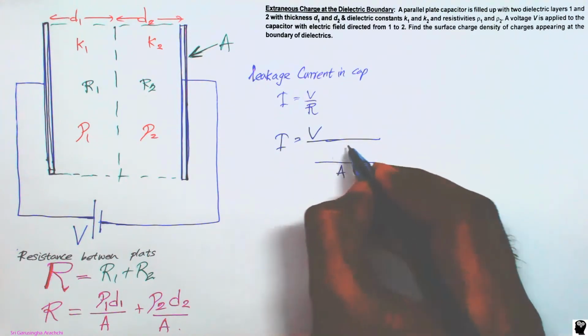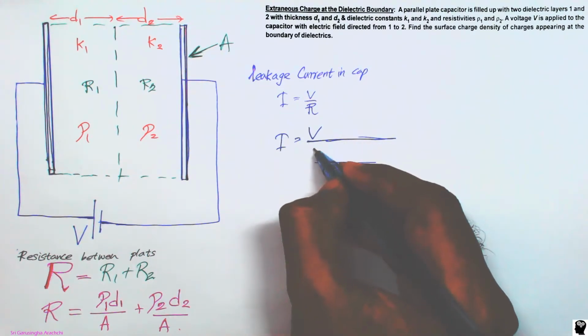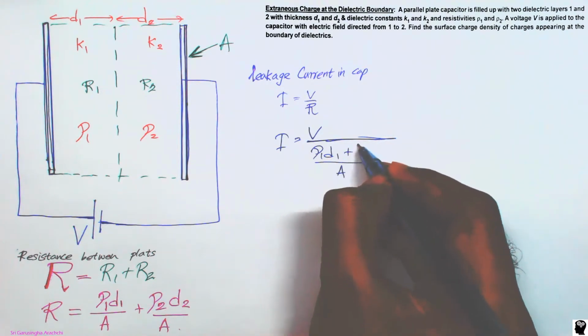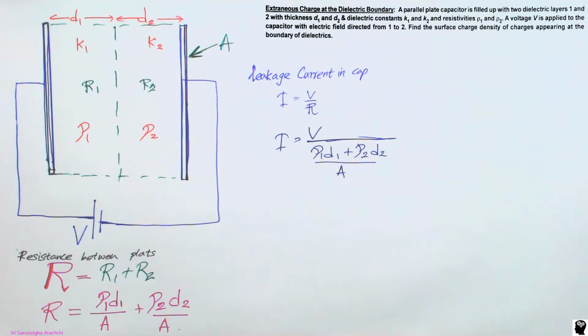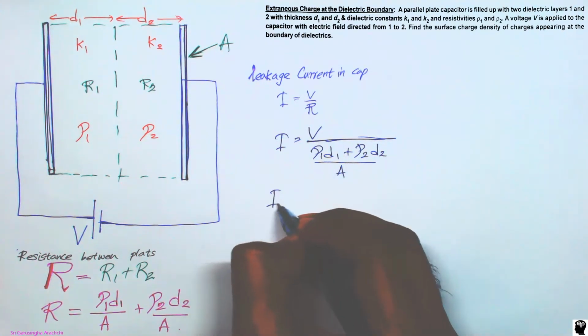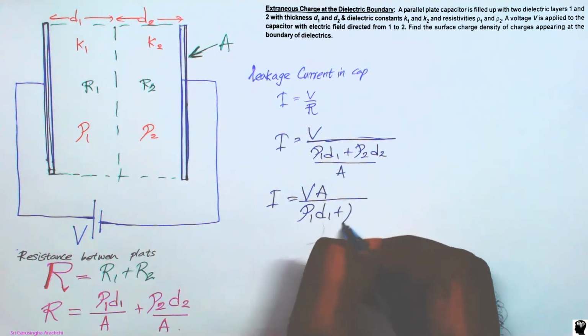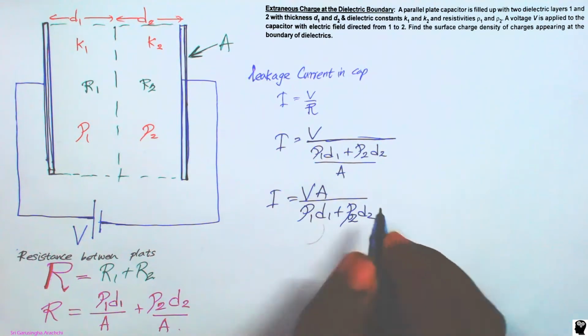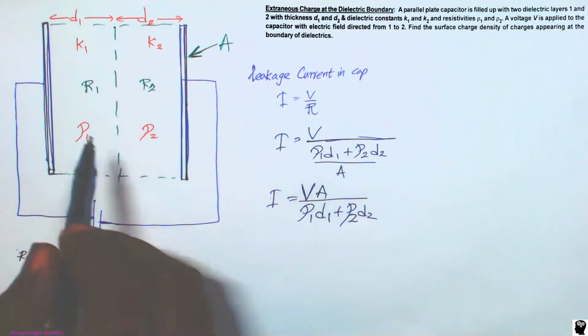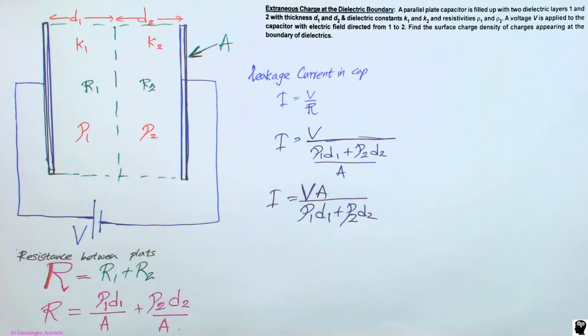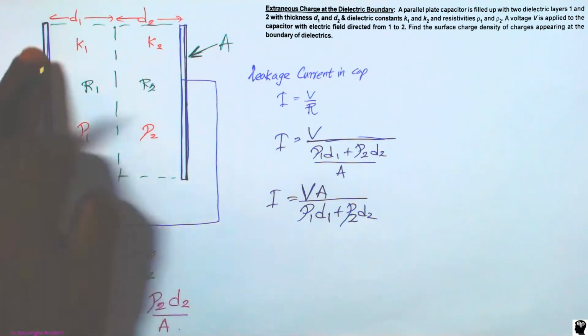Taking A common, substituting the values, we get I equals VA divided by ρ1 d1 plus ρ2 d2. This is the current flowing between the two plates. Now we wish to find the surface charge density of charges appearing on this boundary.